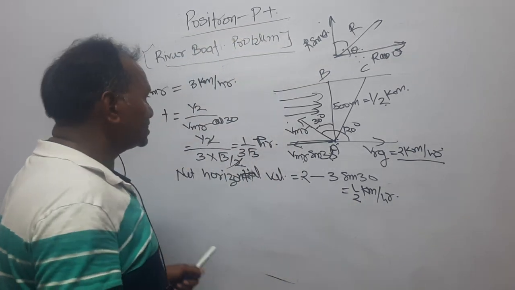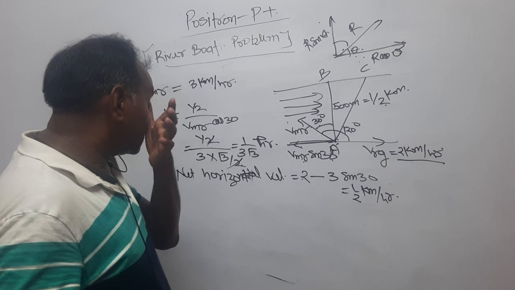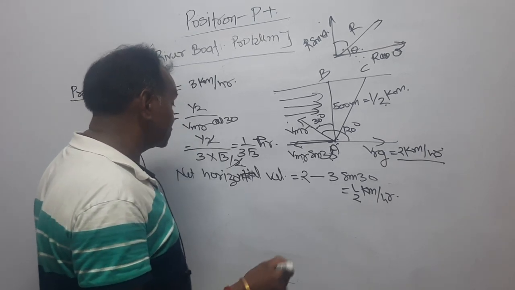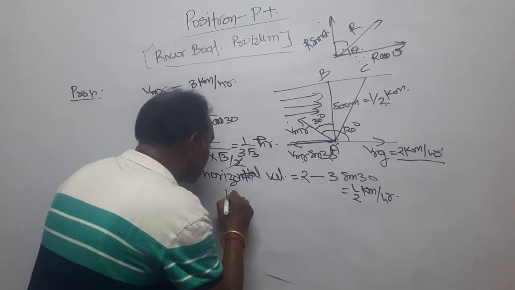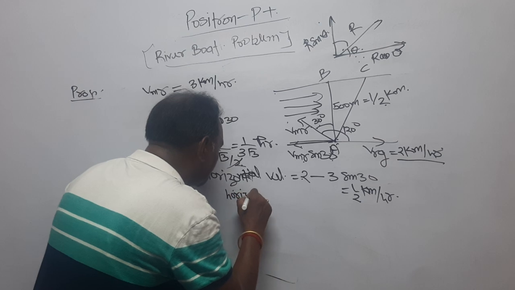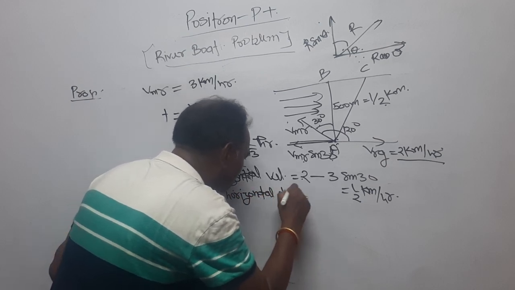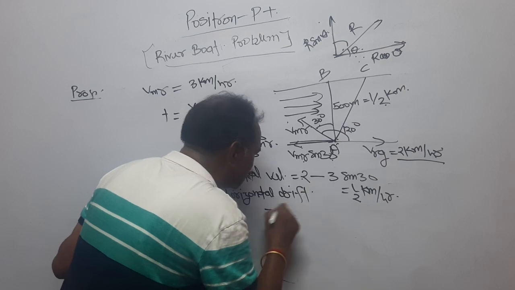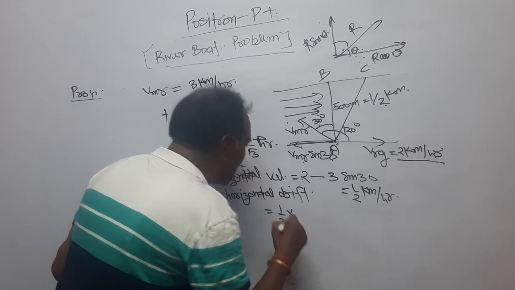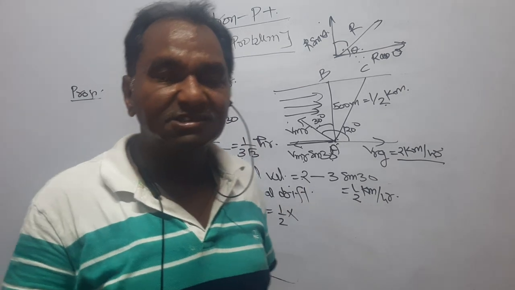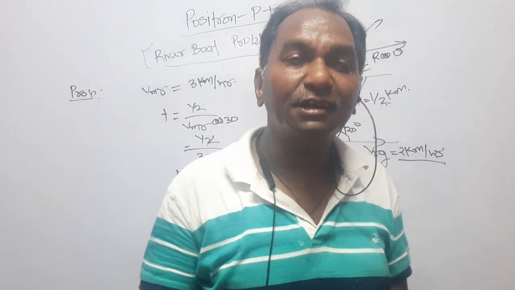So the horizontal drift is equal to net horizontal velocity times time, since distance is equal to velocity into time.